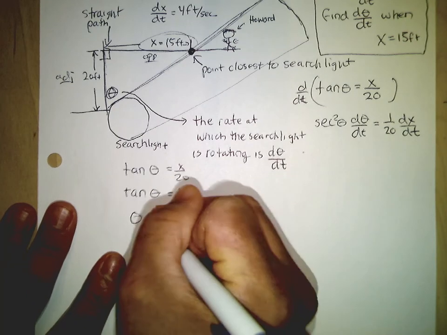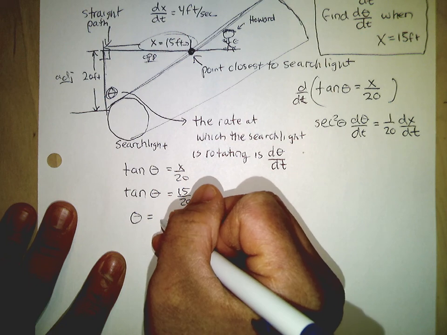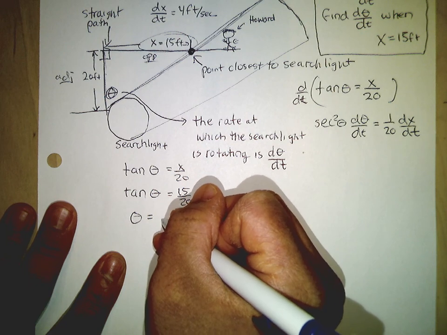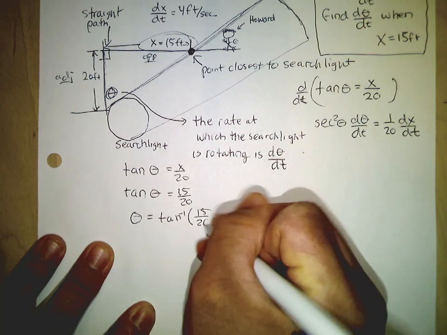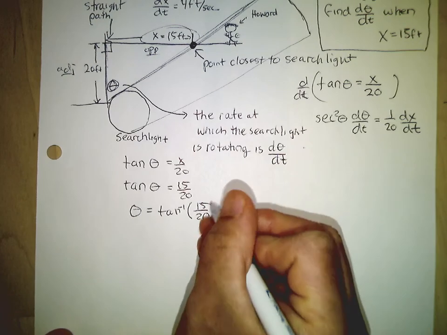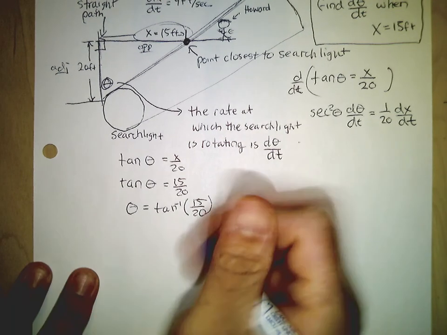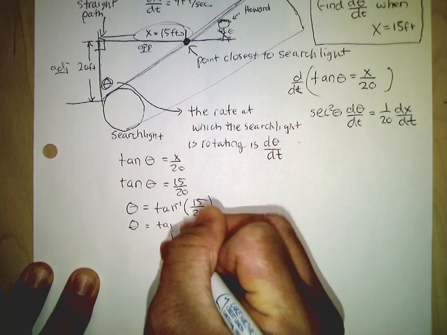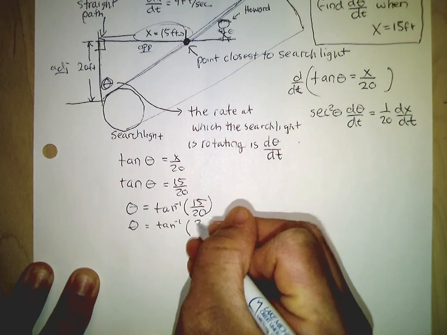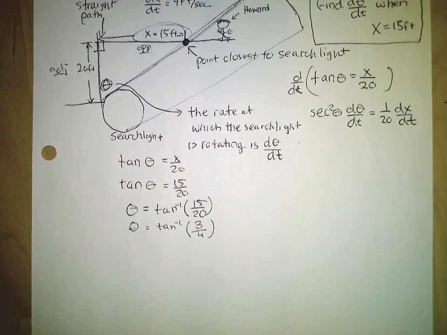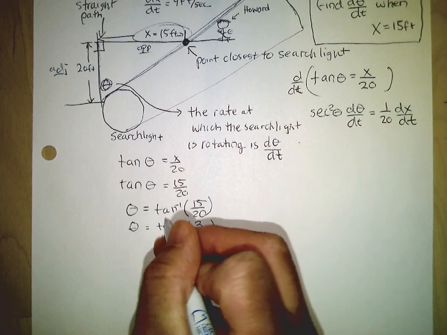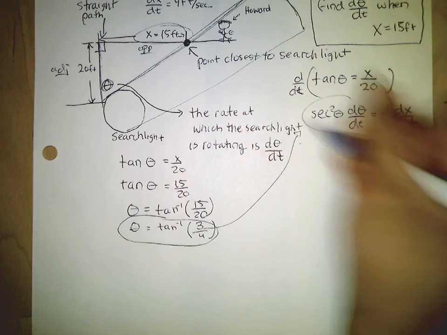And so then theta is the inverse tangent of 15 over 20, which is 3 over 4. All right, so now all we need to do is substitute all of this into the equation that we got for the derivative over here.